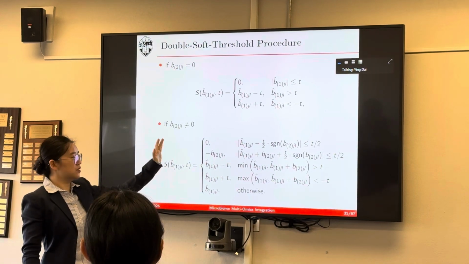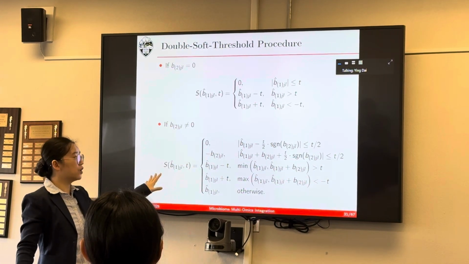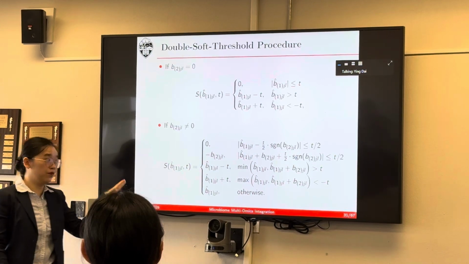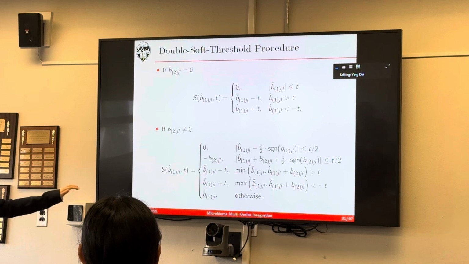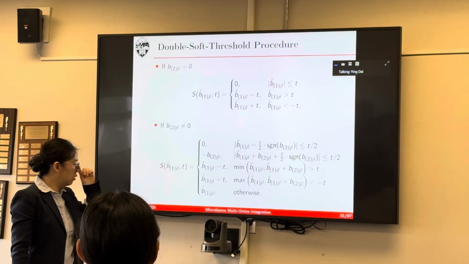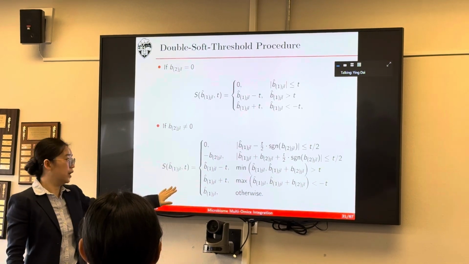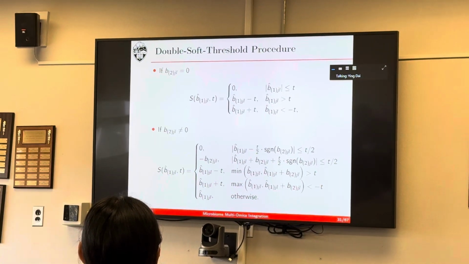But if it is not, then things get more complicated, though the calculation procedure is very similar to the soft threshold. And here for B1 hat, it is the ordinary least squares estimator, and for T, it's the threshold that we need to calculate as well.